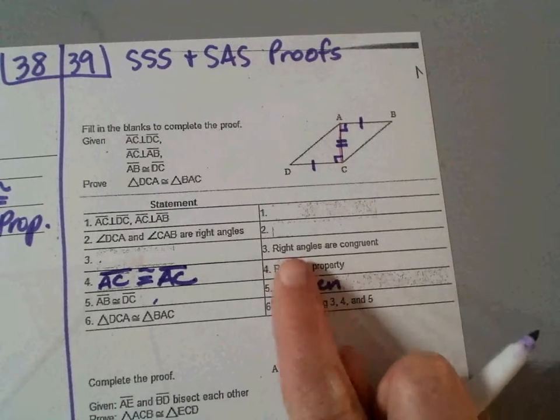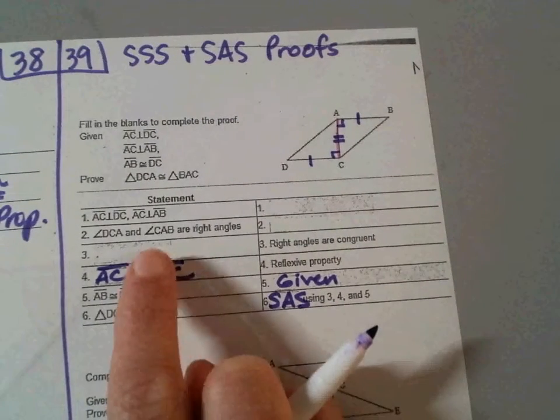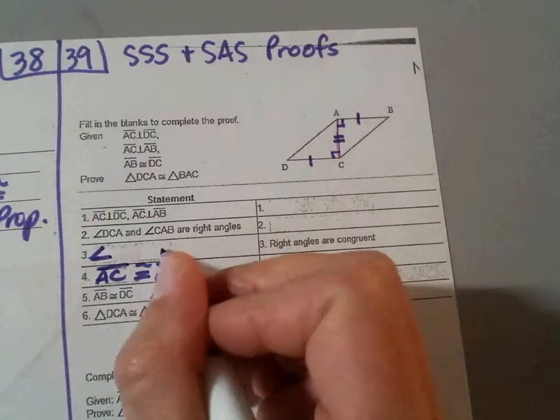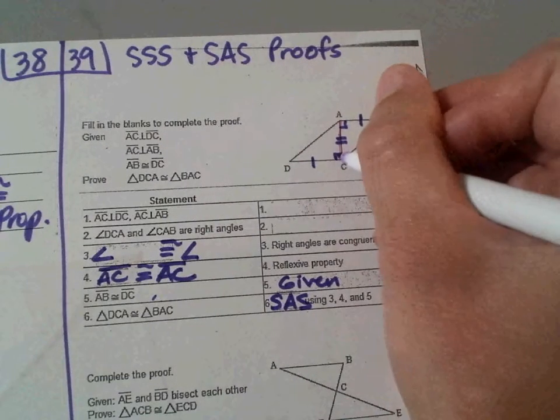Okay, number 3 says right angles are congruent. If you say right angles are congruent, then probably over here you're going to have an angle congruent to another angle, correct? Yeah, okay, so you got to pick out what angles were congruent. So go back up here. You all told me those 90s, right, guys?